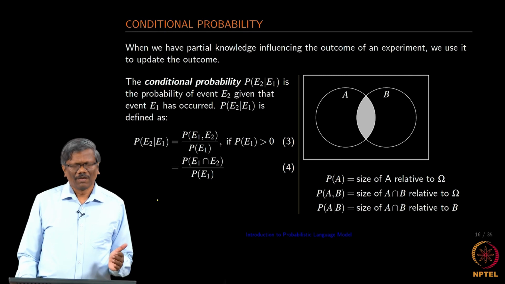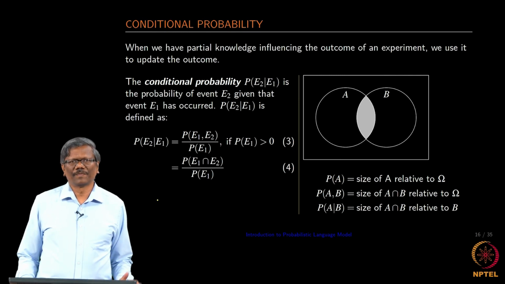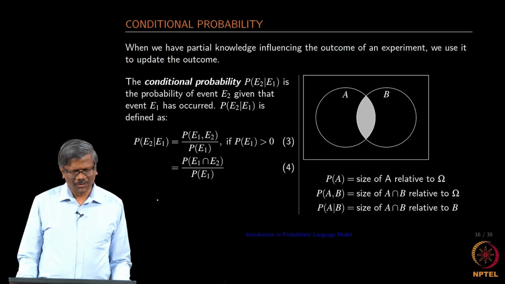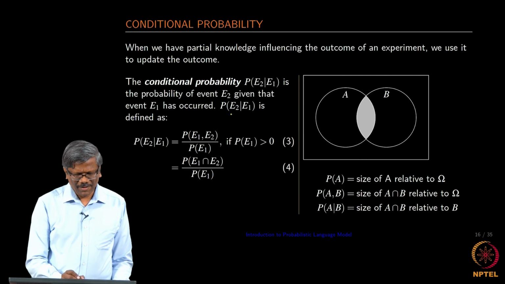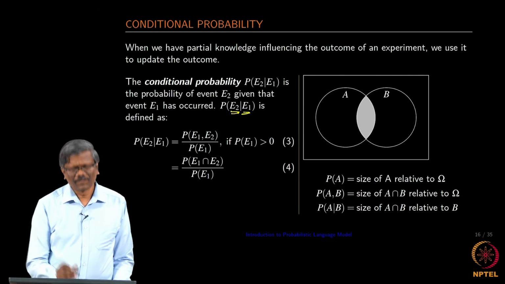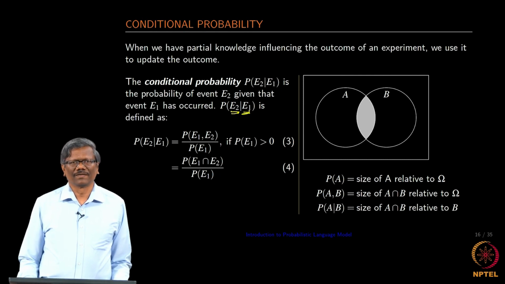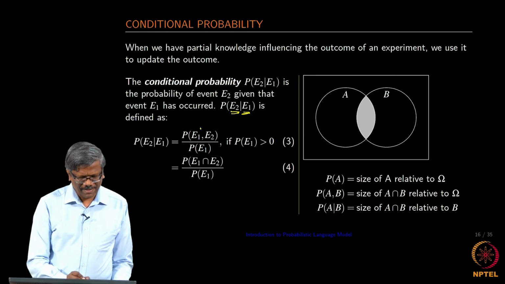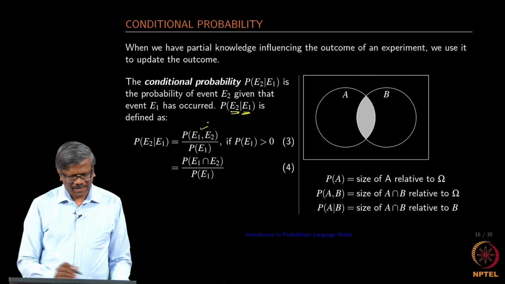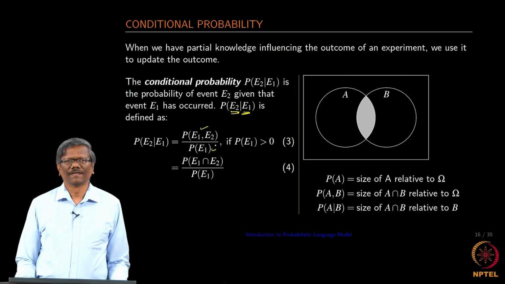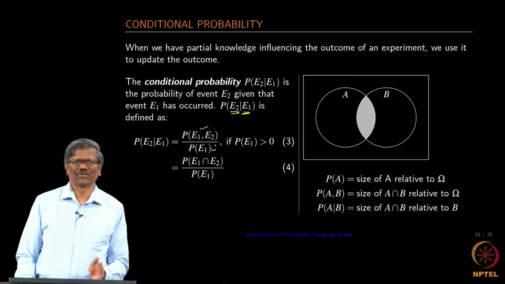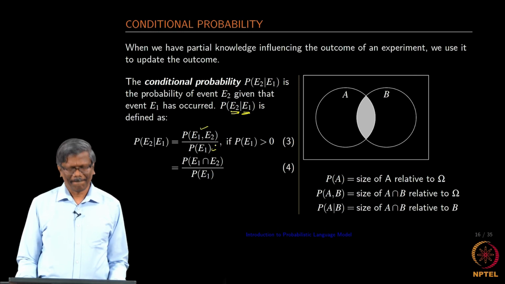We define the conditional probability as the probability of event E2 given that E1 occurred. That means E2 occurs only when E1 has occurred. It is defined as the joint probability that we saw earlier, and in the denominator the probability of that event alone, which you know a priori.